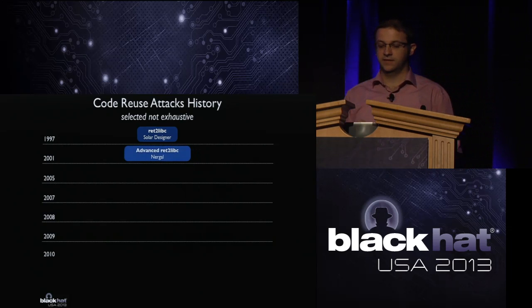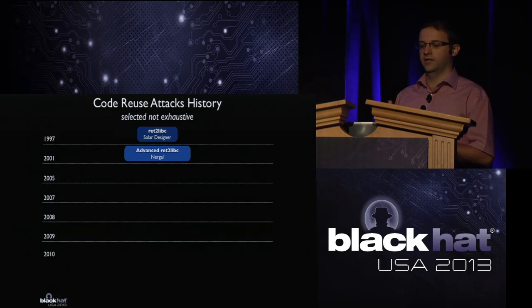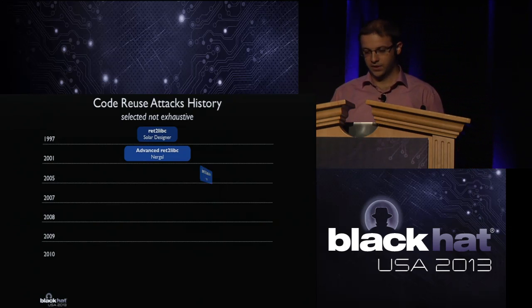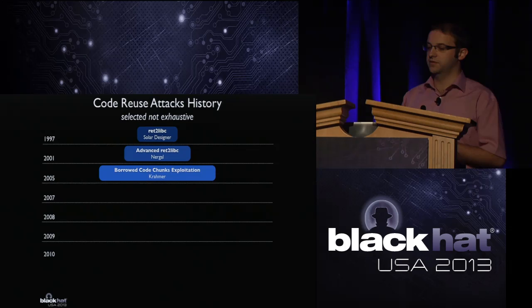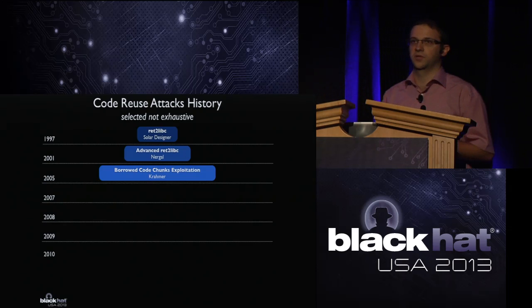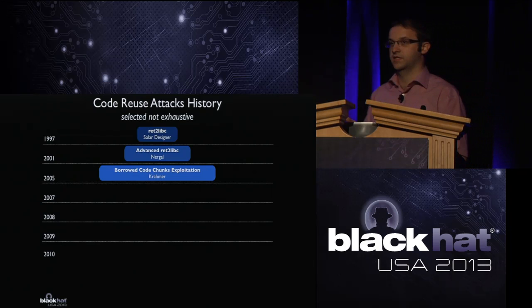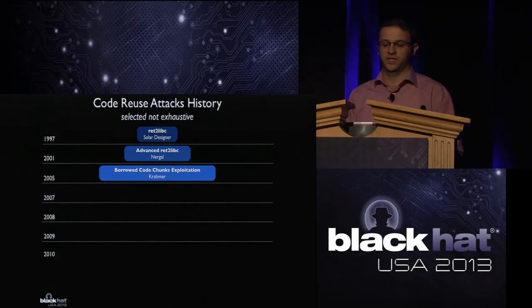In 2001, Nergal advanced this idea and showed how to call a chain of functions in a return-into-libc-like fashion. In 2005, Kramer presented borrowed code chunks exploitation, which already included the basic ideas of return-oriented programming. Specifically, he used a couple of gadgets to load registers to afterwards call functions.